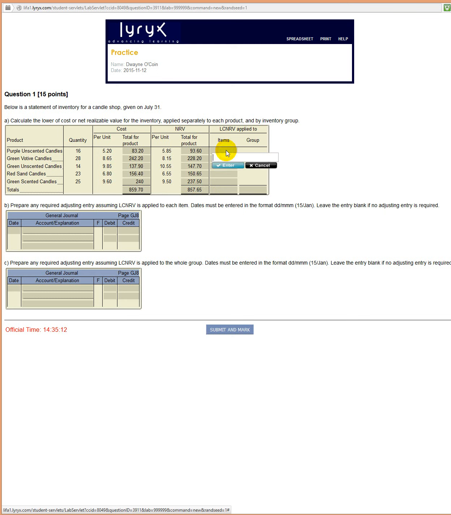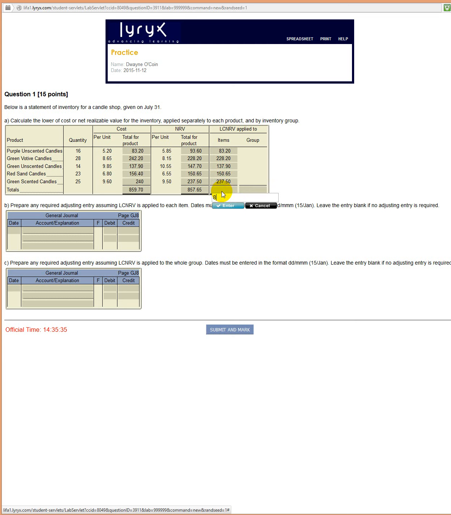So we just pick the lower of the numbers. 83.2 is less than 93. 228 is less than 242. 137.9 is the lower of those two numbers. Again, 0.65 is the lower of those two numbers. And 237.5 the lower of those two numbers.